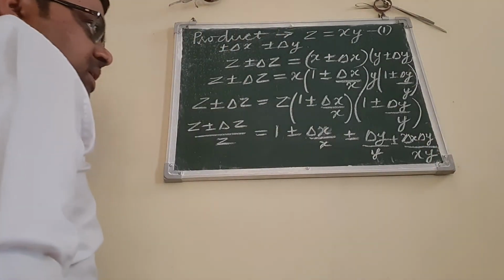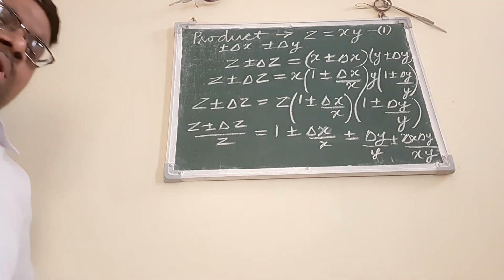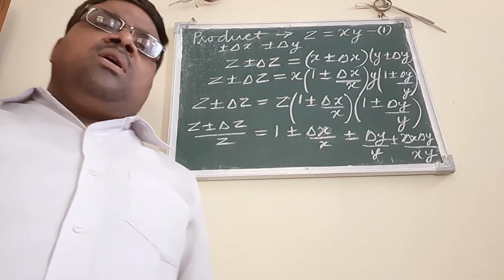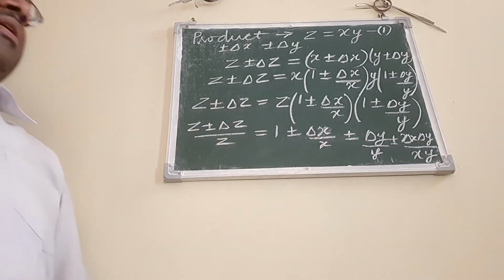The last term is very small because delta x and delta y are very small, so their multiplication will also be very small. So we can neglect that in comparison to the other terms.